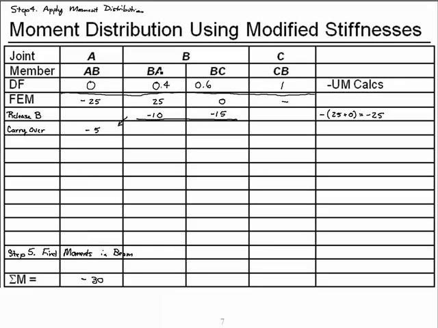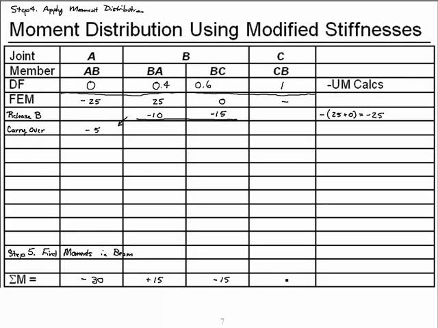For node B in member BA, we have a positive 25 minus 10. So we have a positive 15 kilonewton meters. The other side of node B, in member BC, we have 0 minus 15. We have a minus 15 kilonewton meters.